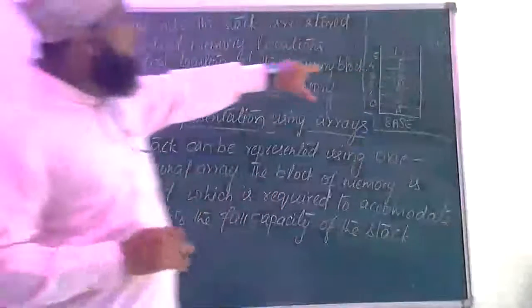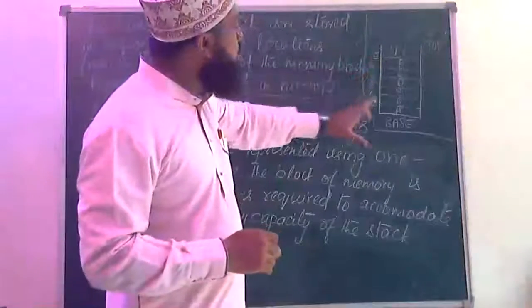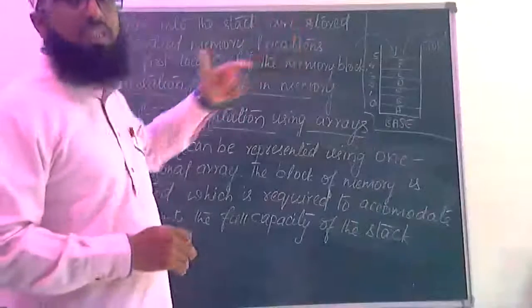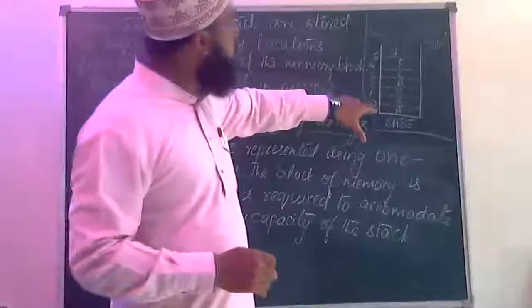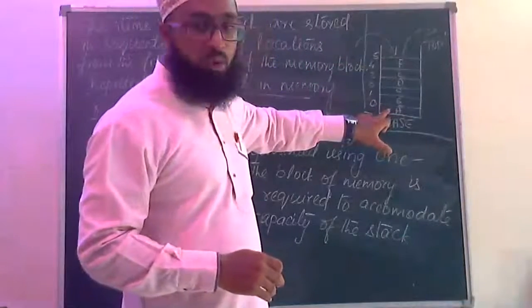The condition in representing is that the items should be arranged in sequential memory locations, one after the other, from the first location of the memory block itself. This is the first location of the memory block.